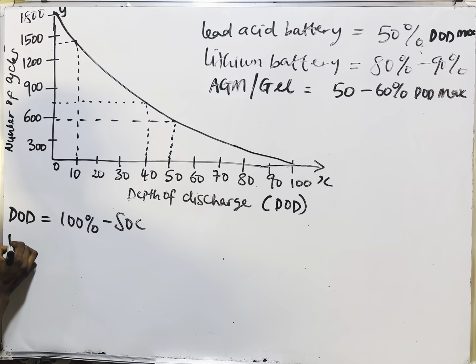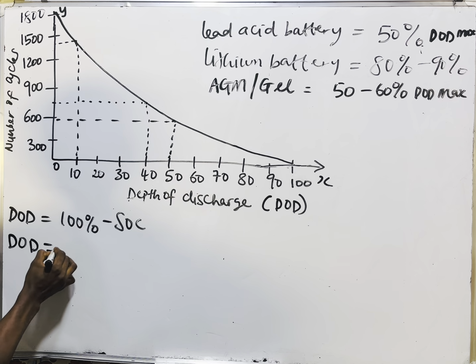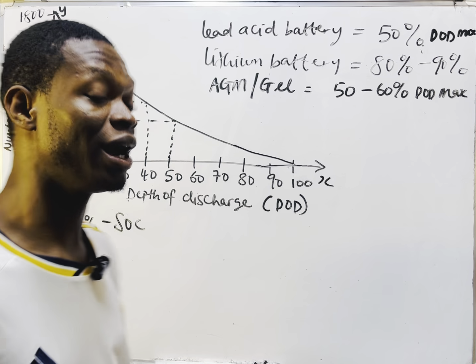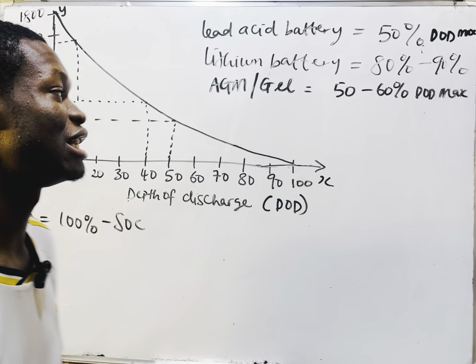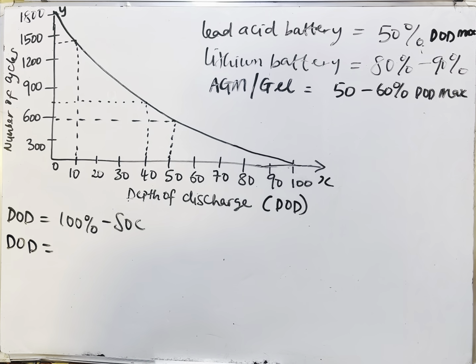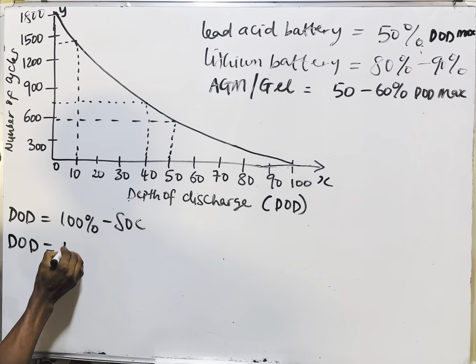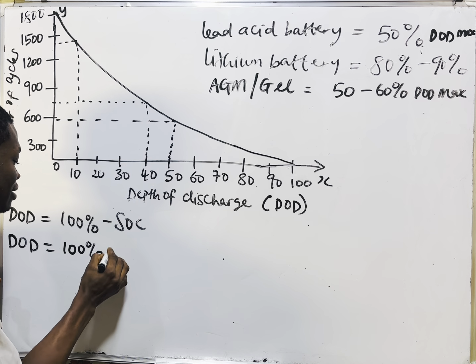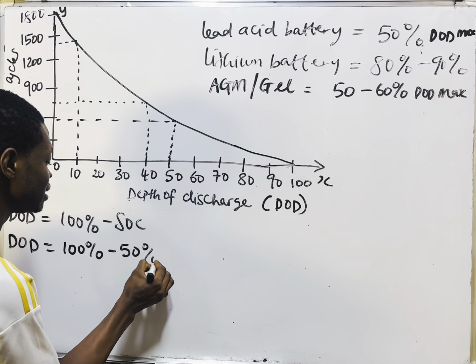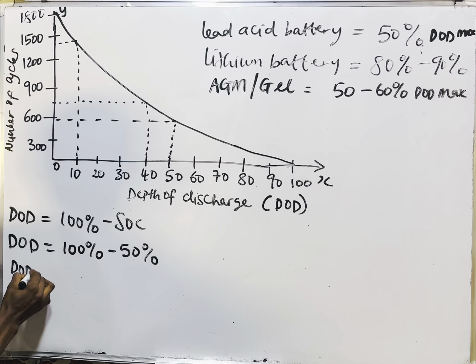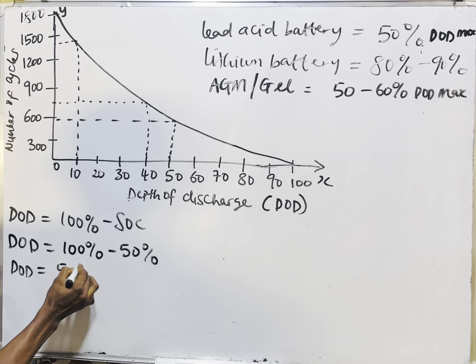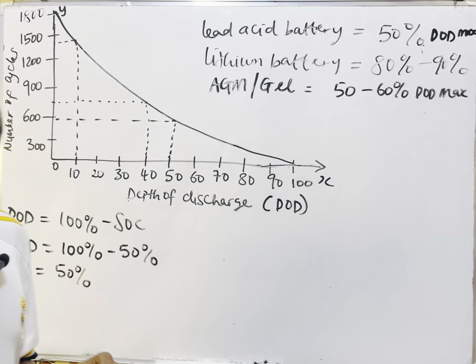So, for example, you are given a question to find the depth of discharge of a battery with SOC of 50%. So it will now be 100% minus 50%. So your depth of discharge will now be 50%.